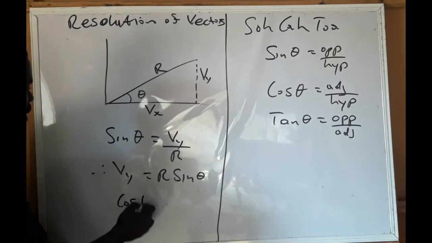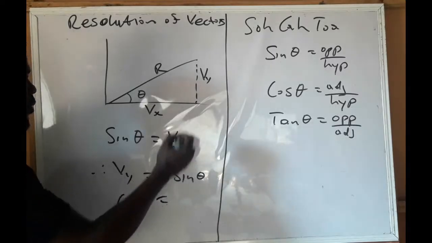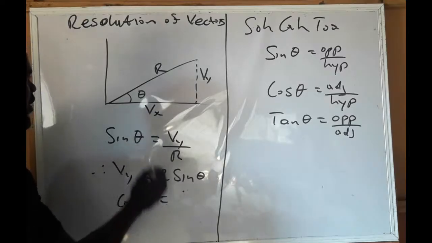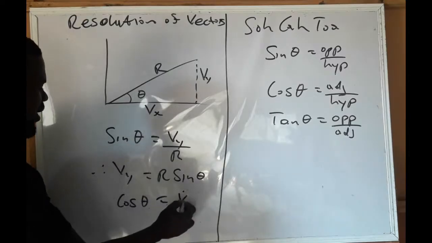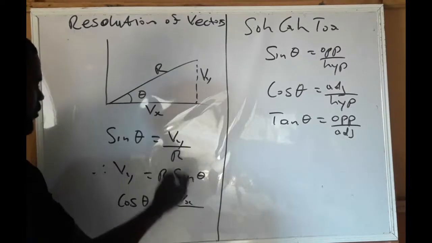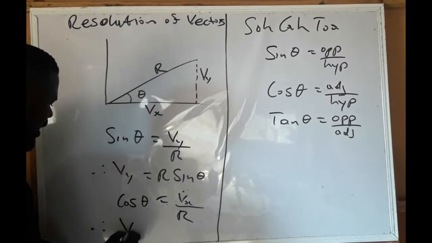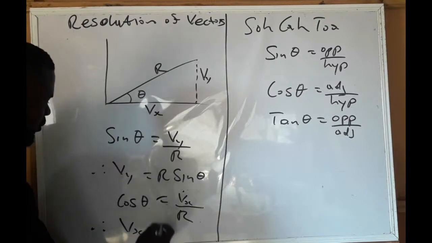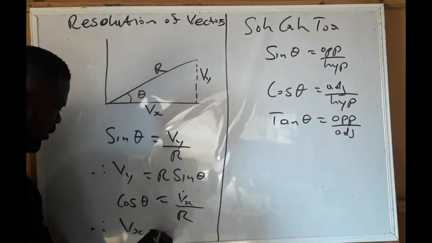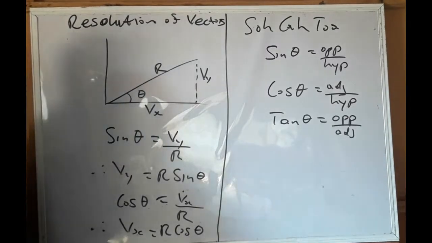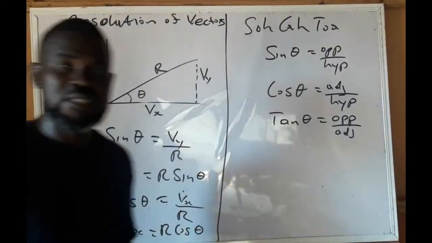And in the same vein, we can have cos theta equal to adjacent, which in this case is Vx, over r. Therefore, Vx is equal to r cos theta.